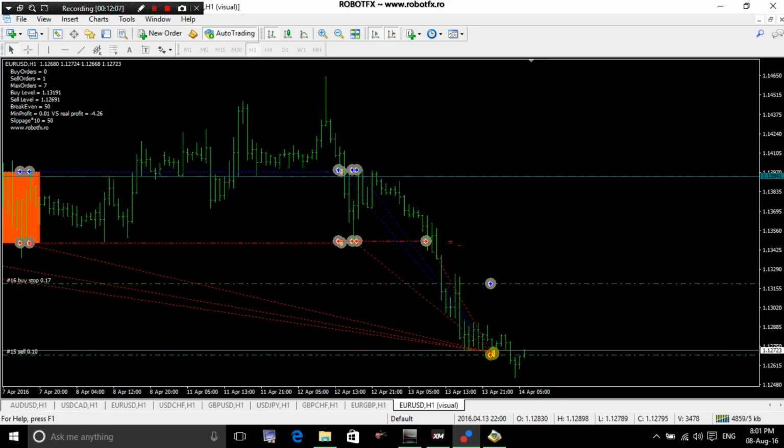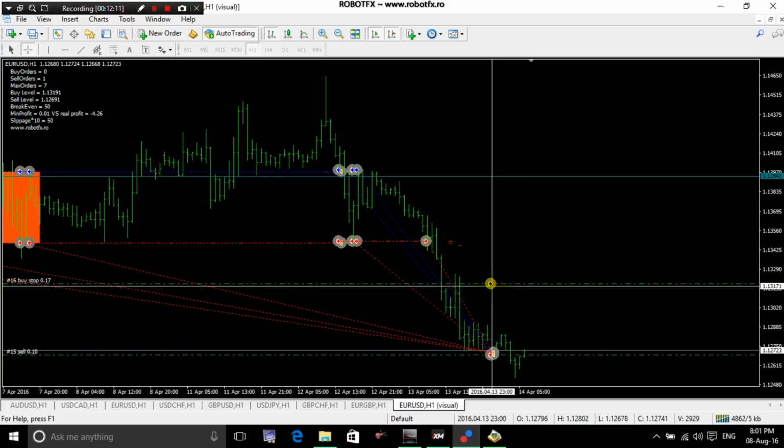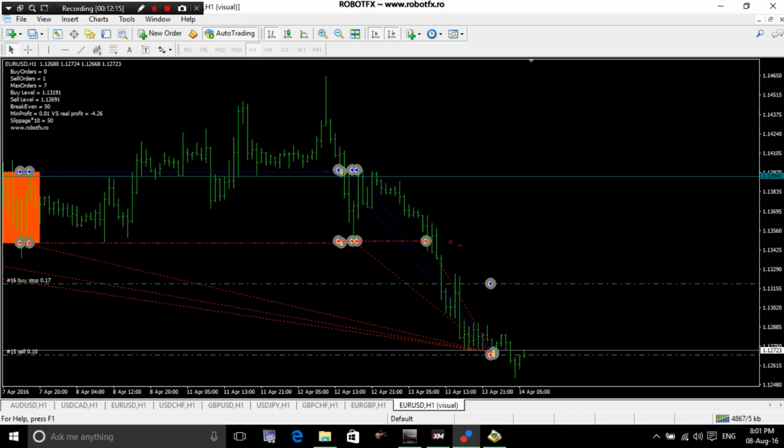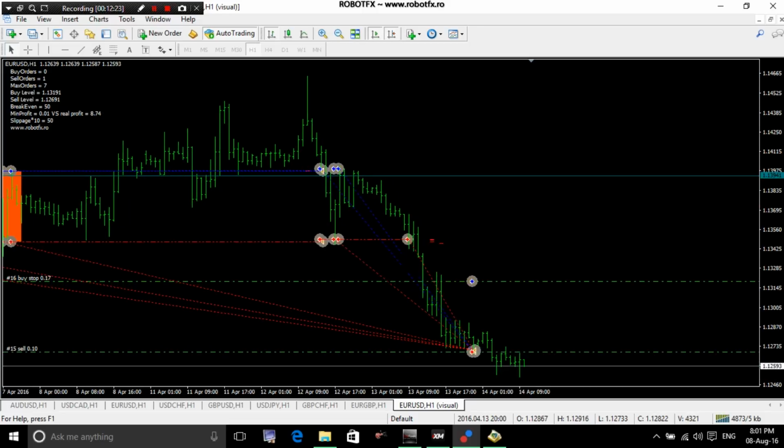Now, let's say you open a sell here. The expert advisor places, instead of a stop loss that you would have used and maybe lose money, actually, with a stop loss you always lose money, the expert advisor places a buy stop, and the size of this buy stop again is higher than the lot size of the sell.